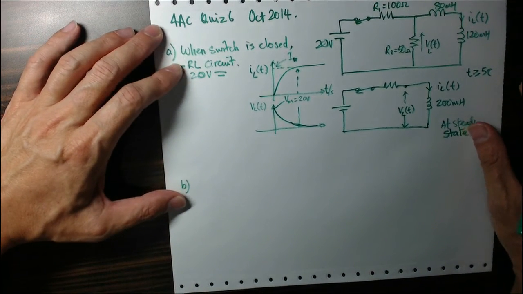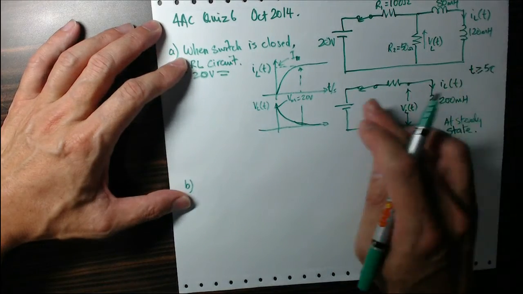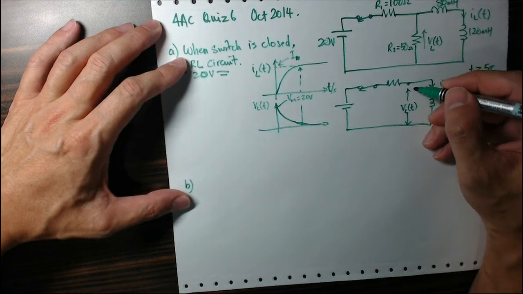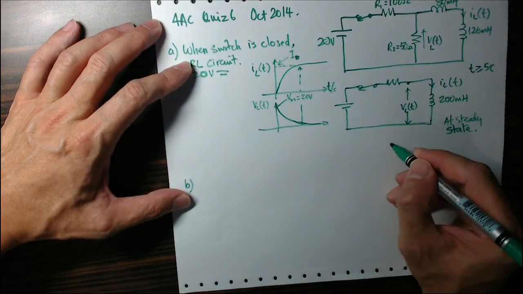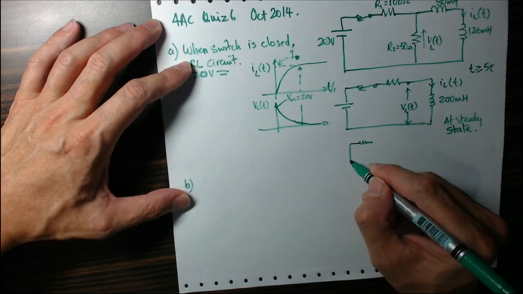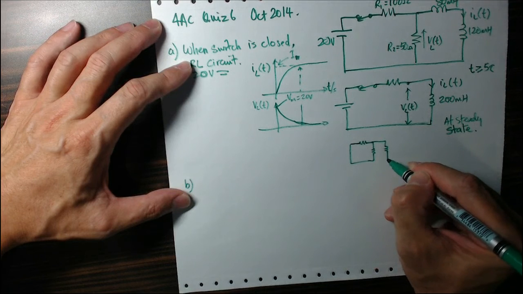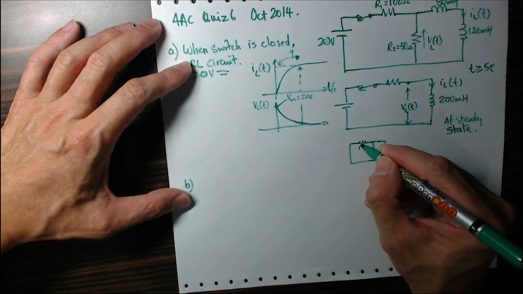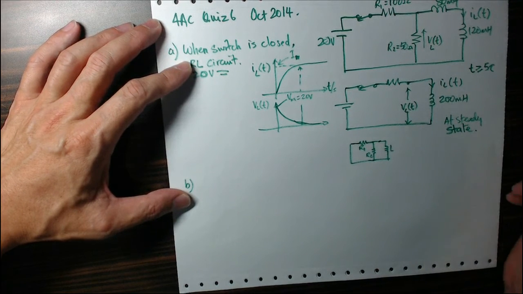The first part of the question wants us to calculate the time constant. If you look at this circuit, it can be reduced to a Thevenin equivalent circuit: one resistor and one inductor.